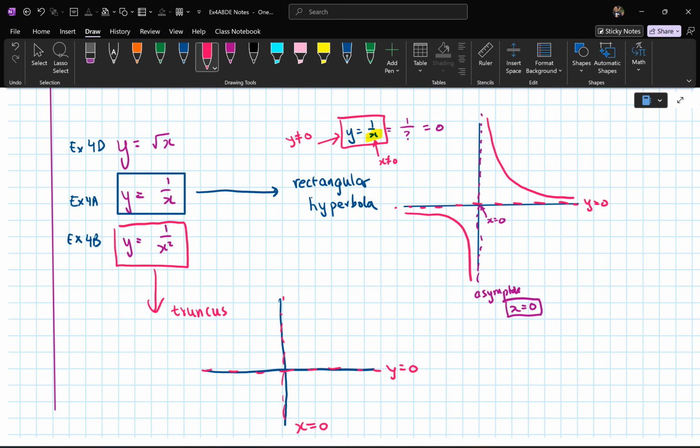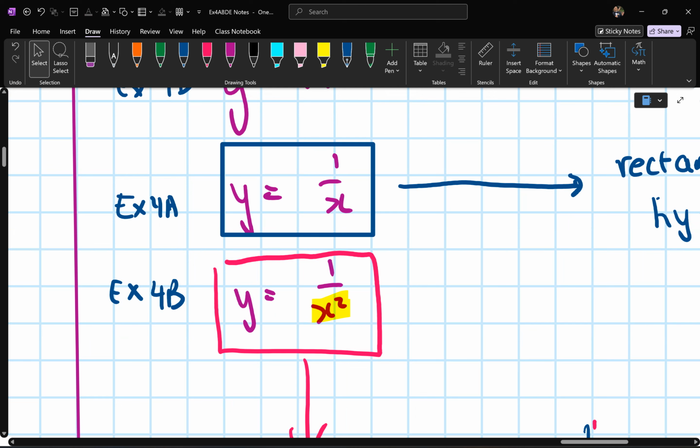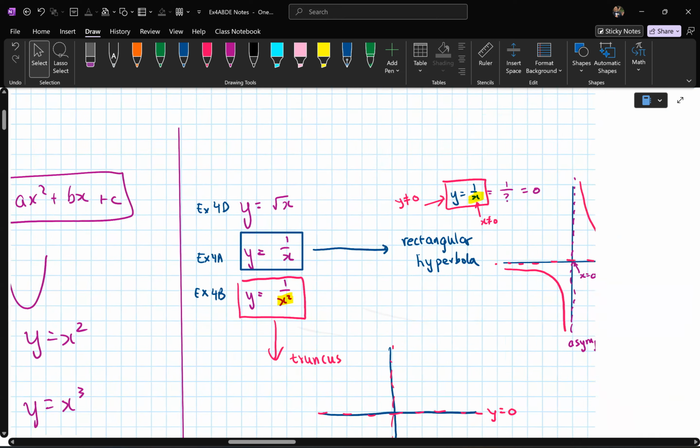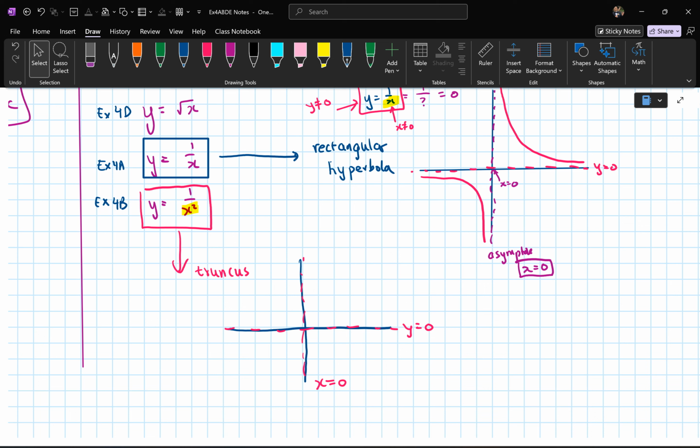And one of the properties of squaring an x, what's nice is every time you square a number, it is always positive. No matter if it's a negative number or not, it's always going to be positive. So what's the difference between the two graphs is that when I put in a negative 1, I'm not going to get 1 divided by a negative number, which gives you a negative value. That's why the graph goes down over there. Over here, the graph remains positive.